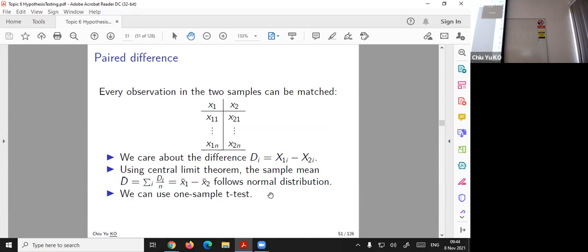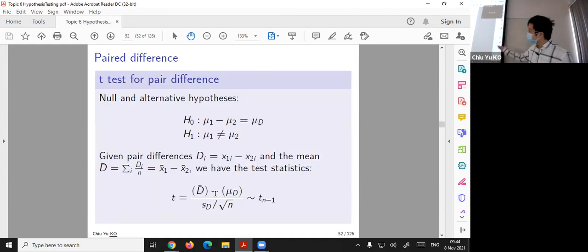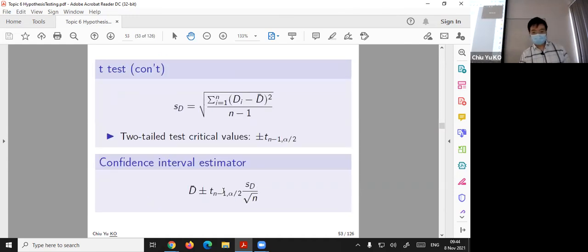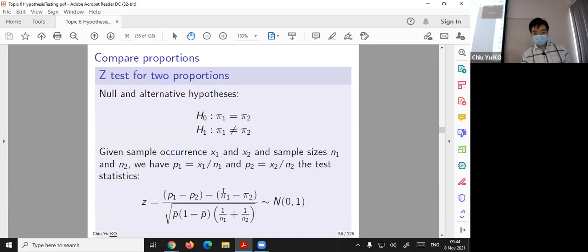Because the difference is also one variable. Just a one-sample test. That's why we didn't go into much detail, because it's the same as the one-sample case. If there's no question, we will talk about the very last two tests, and then we go to R and Excel. We'll have more fun.